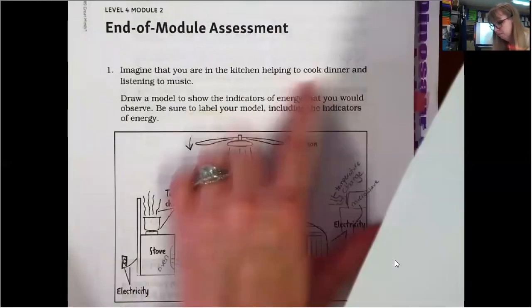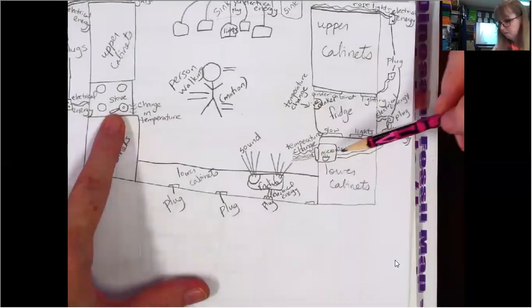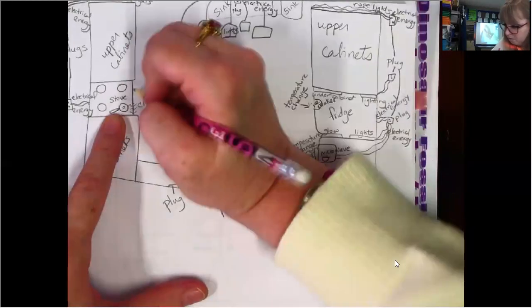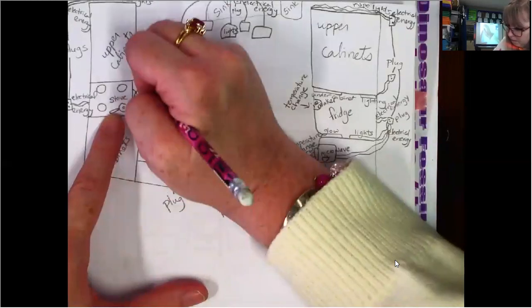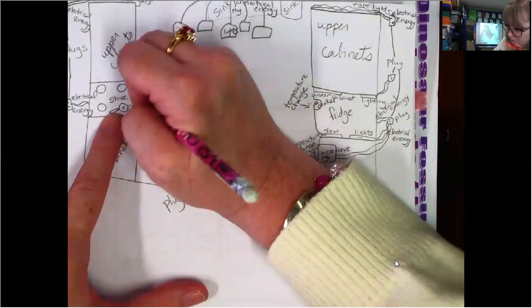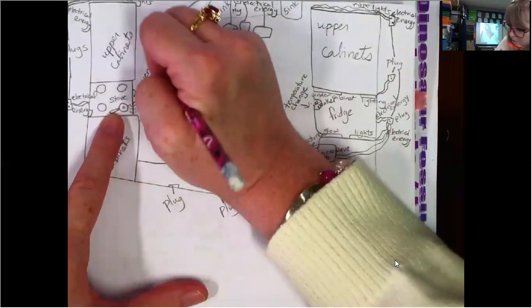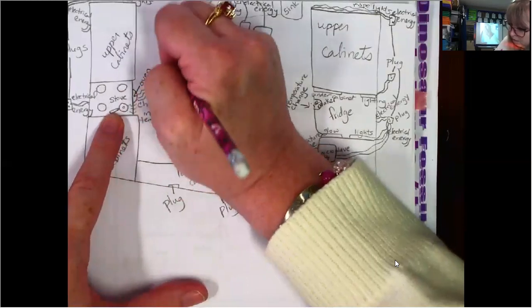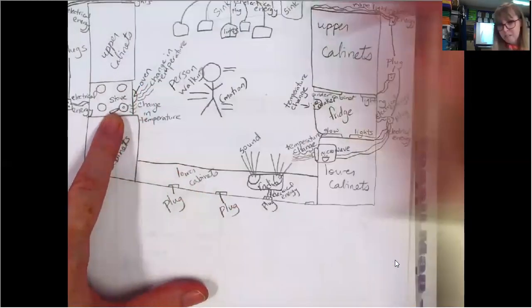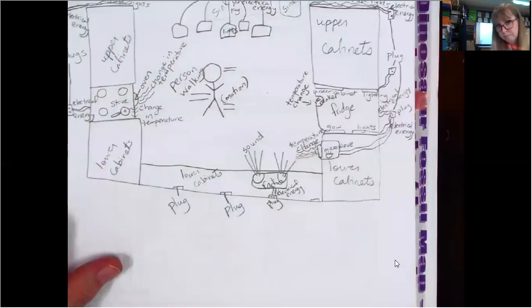Helping to cook dinner. My dinner's cooking. Microwave and stove. If you want to draw on the oven, label it oven. And you can also show change in temperature. Because when you're cooking dinner, you could be using the oven, the stove, and the microwave at the same time. Right?